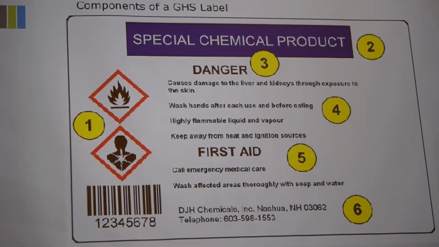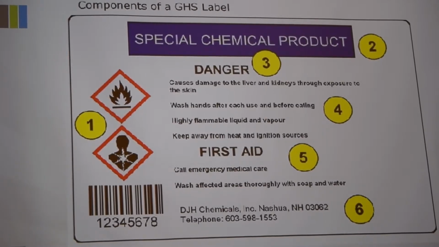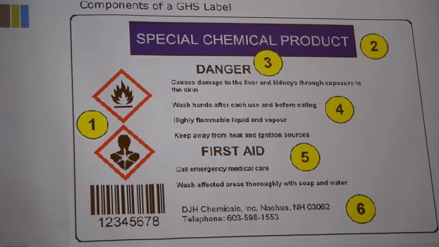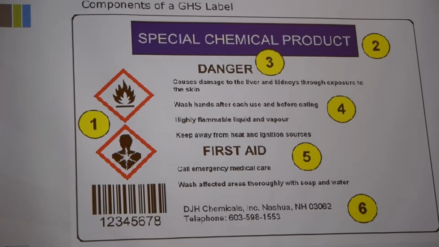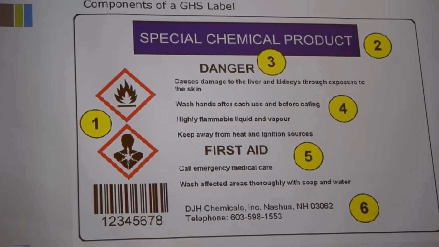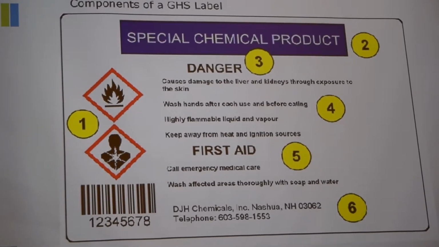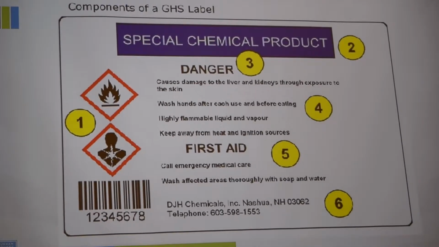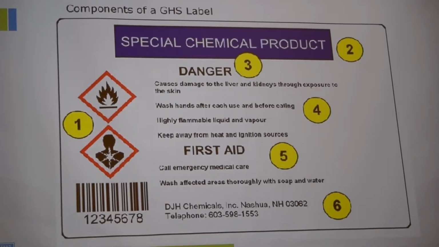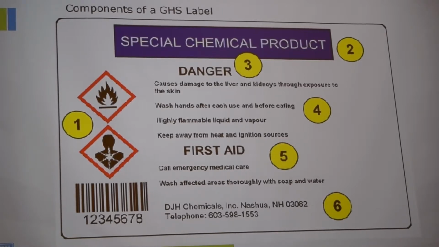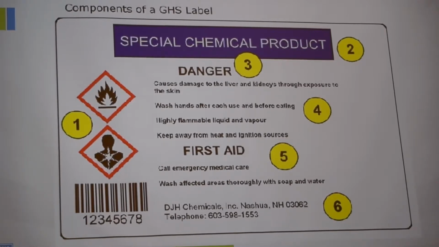As you'll see with many products, it says wash the affected area, or call emergency or a local poison control center. It'll give you those first aid steps in case of exposure. And lastly, number 6 is either the manufacturer or distributor information where you can contact them for more info.